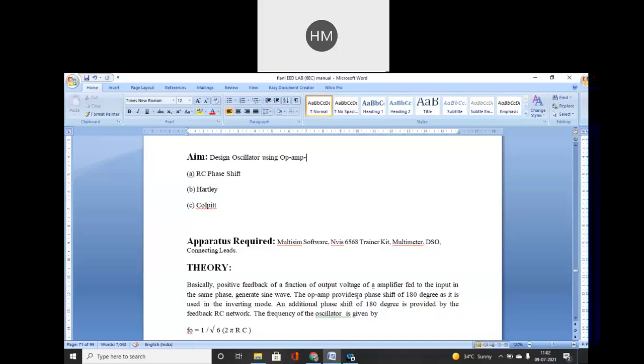ठीक है, तो aim सब लिख लेना, to design and simulate operational amplifier as oscillators. First is your RC phase shift oscillator that you all have to design. ठीक है, तो हम क्या करेंगे, ग्रुप्स में डिवाइड कर लेंगे आरसी फेज शिफ्ट ऑसिलेटर के सर्किट्स को भी, और कुछ बच्चे 1 किलोहर्ट्ज जनरेट करेंगे, कुछ 1.2 किलोहर्ट्ज, 1.5 किलोहर्ट्ज, 2 किलोहर्ट्ज फ्रीक्वेंसी विल बी जनरेटेड.